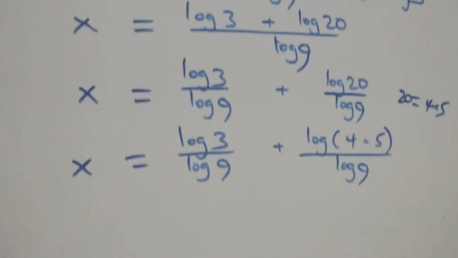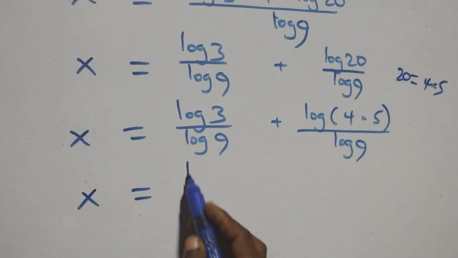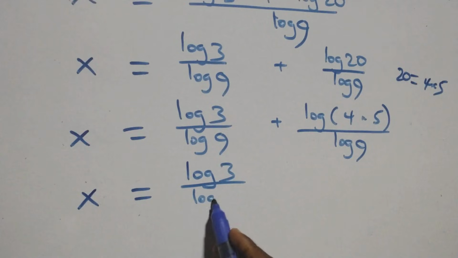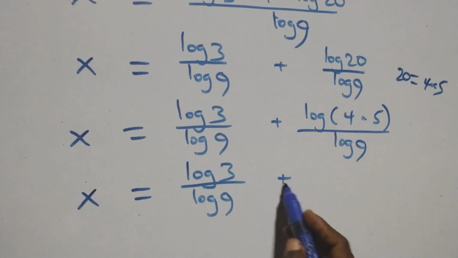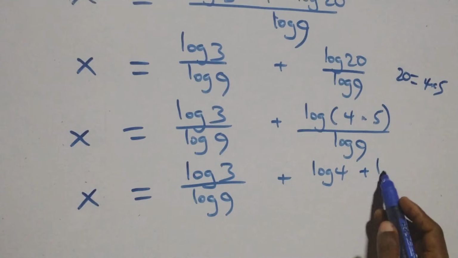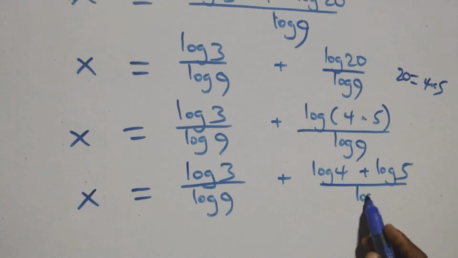Then this also follows the law of logarithm, and we have x equals to log 3 over log 9 plus log 4 plus log 5 over log 9.